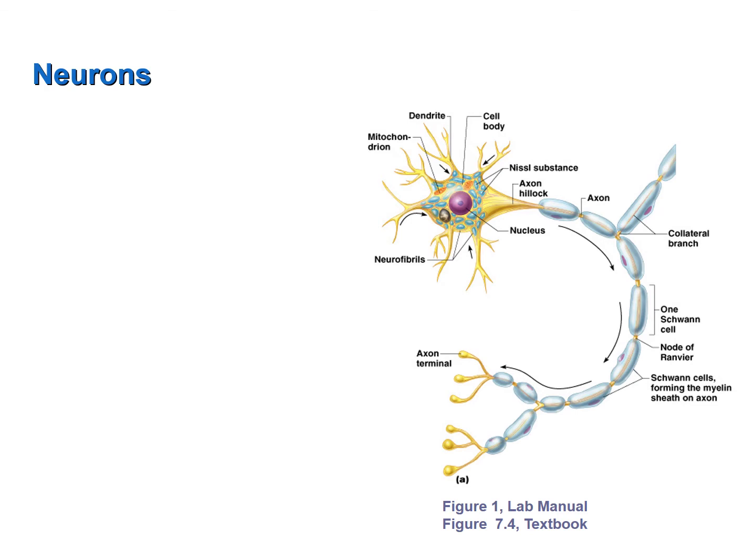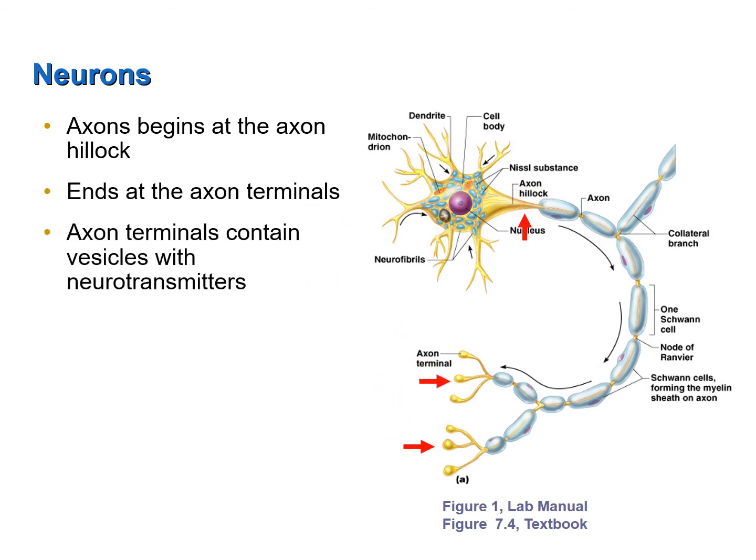Let's continue to study this axon. It begins at this funnel-shaped area called the axon hillock, and it ends at what are called axon terminals, aptly named. So nerve impulses leave the perikaryon via the axon hillock, move down the axon, and they end in the axon terminals.